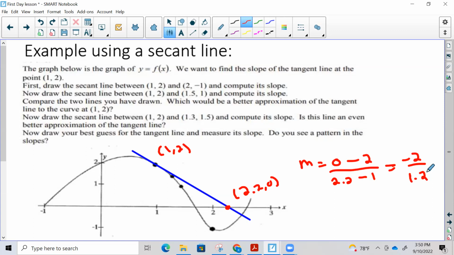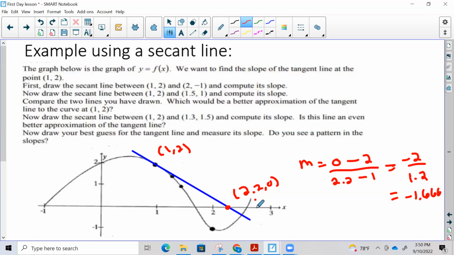Okay, and this time, it's probably because I'm off with my estimation, but I got -1.666, which was the same thing that I got before, and it's probably just because I estimated what this point was. They should be slightly different.